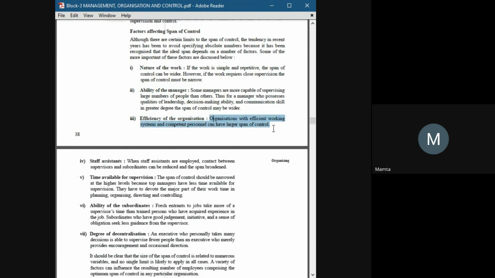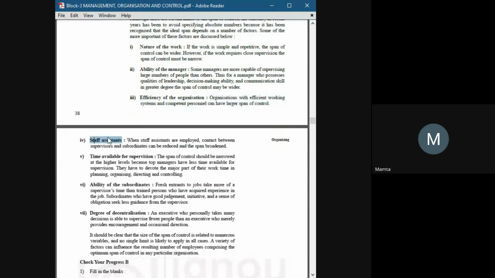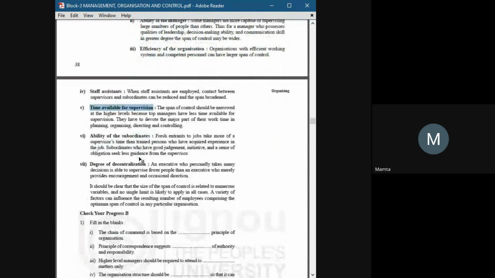An organization with an efficient working system and competent personnel can have a larger span of control. Staff assistant, time availability for supervision. If we have extra time, then we can supervise many employees. If we have less time, then it is not possible to supervise many employees at a time.